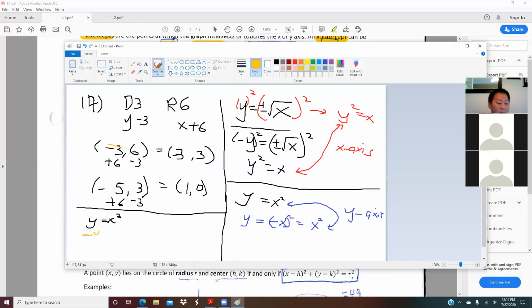So I got negative y equals x cubed, and then I just take the cube root of it.